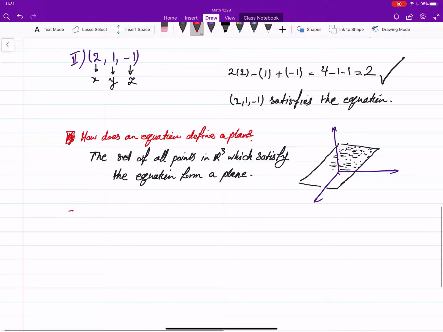And the last question is that, if an equation is there and you have a point, you can check if that point satisfies the equation or not. In other words, if that point is on the plane or not. How about how to find a point on a plane given by an equation?